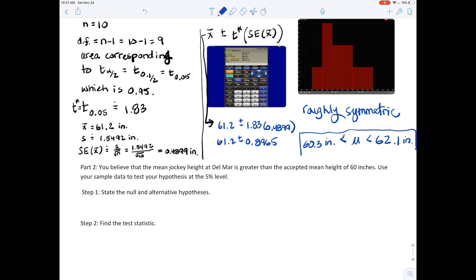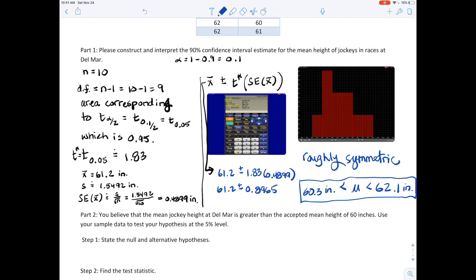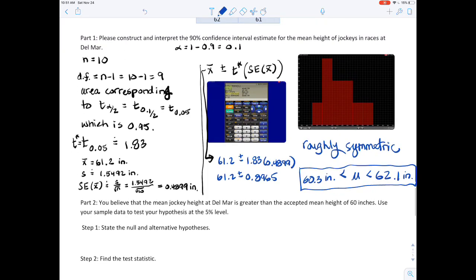So here, we wanted to construct and interpret.